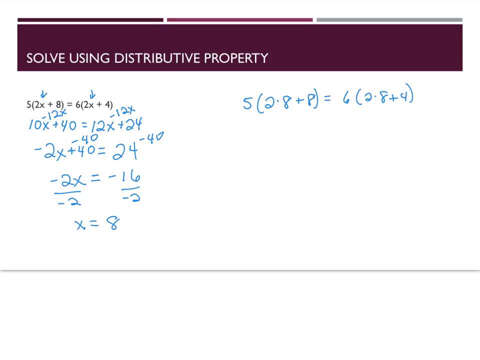Now I can't type this whole thing into the calculator at once, just one side at a time. So I type in 5 parentheses 2 times 8 plus 8 and get that answer. I get 120.